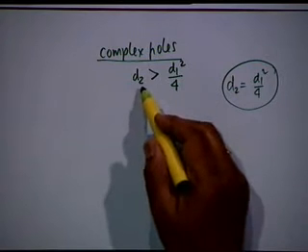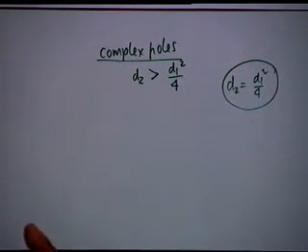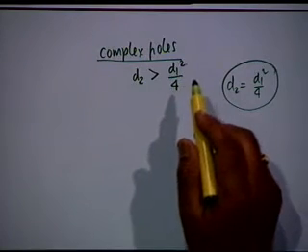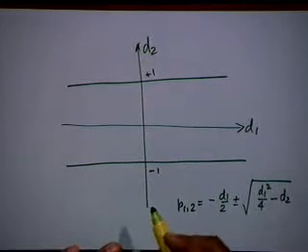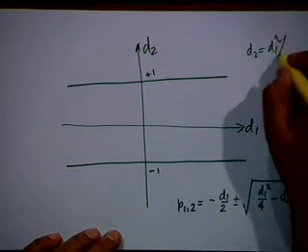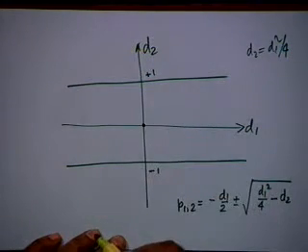Not only that, since it is d1 squared and d1 is a real quantity, it could be positive or negative, but d2 therefore should be greater than 0. Agreed? Therefore, if we go back to this slide, d2 equal to d1 square by 4 is a parabola. When d1 is 0, d2 is 0.